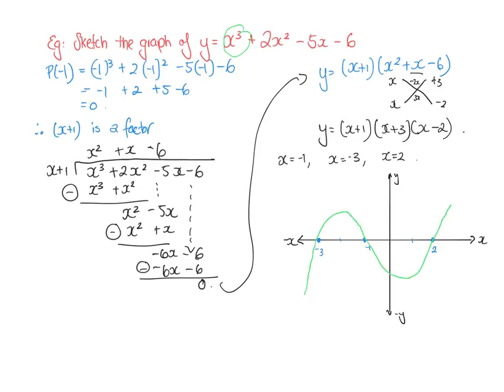If I was writing my coordinates, they would be 2, 0; -1, 0; and -3, 0. Now we can't forget about the y-intercept, but we can see up here that it's -6. So we can put 0, -6 in, and there we've sketched this cubic.